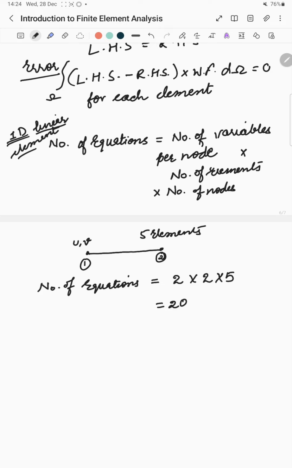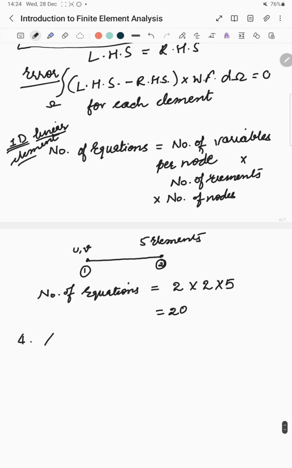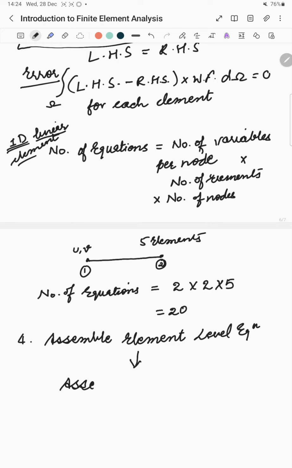Yeah. So our next step would be to assemble these element level equations, and after assembling all these element level equations we will get assembly level equations.